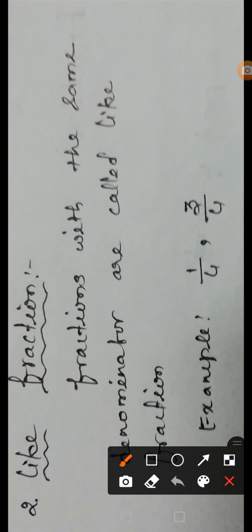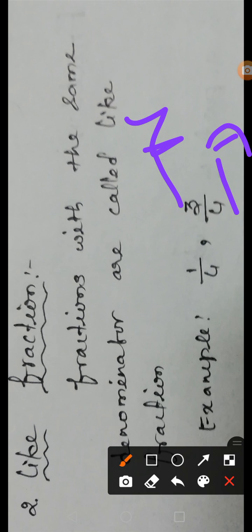Then another one, like fraction. Like fractions are fractions with the same denominator. We know this is the numerator and that is the denominator, correct?